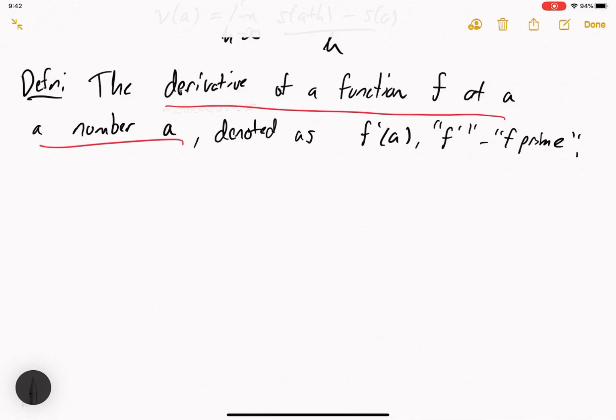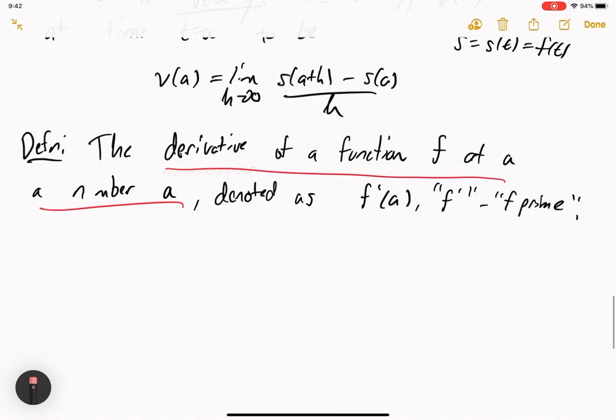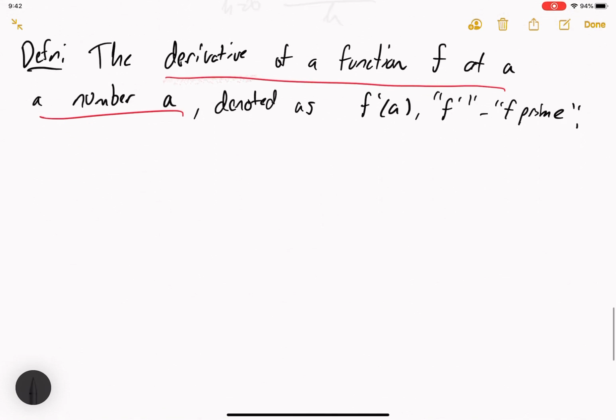You would say that apostrophe, I forgot what it's called honestly, but it just means prime. We denote it as f prime of a, and we say f prime of a, keeping with the idea that before we talked about the slopes of tangent lines.